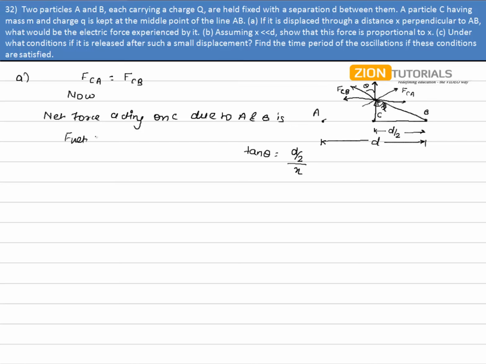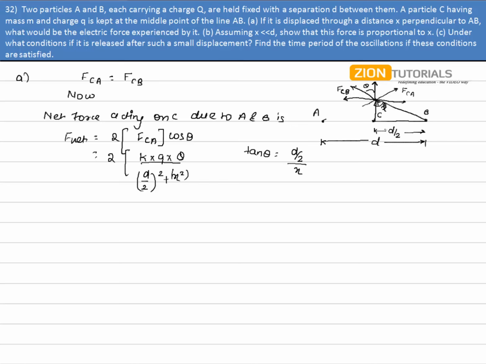F net, that is equal to 2 times the force on C due to A into cos theta. So 2 times K into Q divided by the distance between the charge C and B, that can be given by D by 2 whole square plus x square.